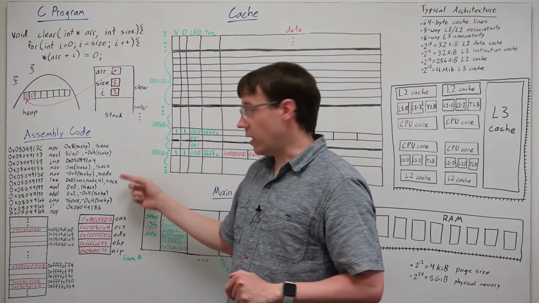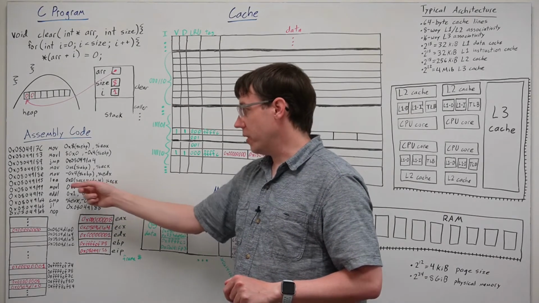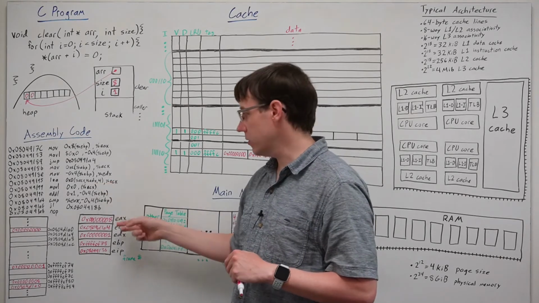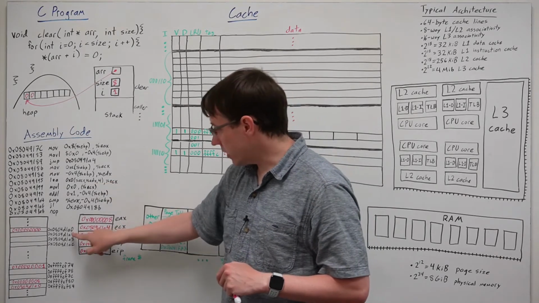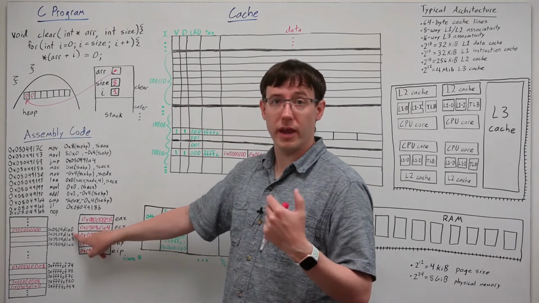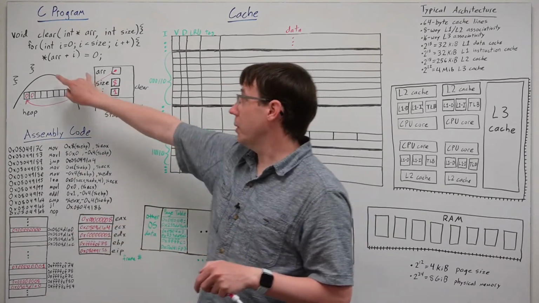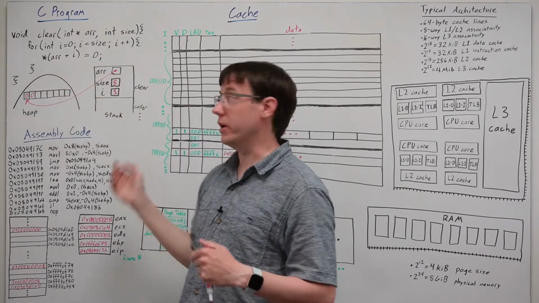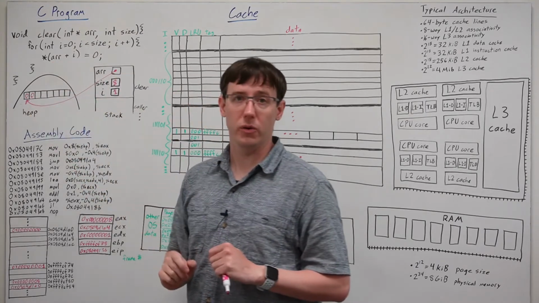Which means that on the next instruction, when we put a 0 into the memory location specified by ECX, we are now putting a 0 at the location ending with A4, which corresponds to following the pointer r+1 and putting a 0 in that memory location.